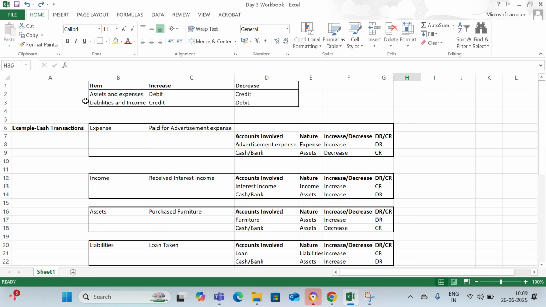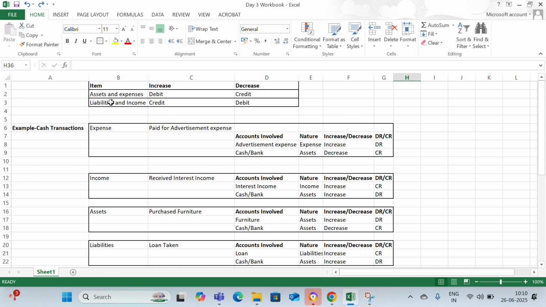I hope now you have a fair understanding of when to debit an account, when to credit an account, how to identify whether a particular transaction is a financial transaction or not, and what are the accounts involved in it. The examples that I have given here are very basic, and those have only two accounts involved in each journal entry.